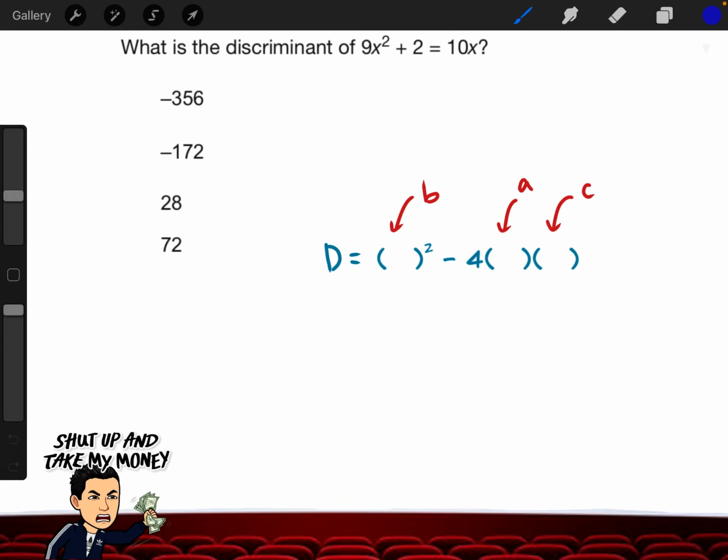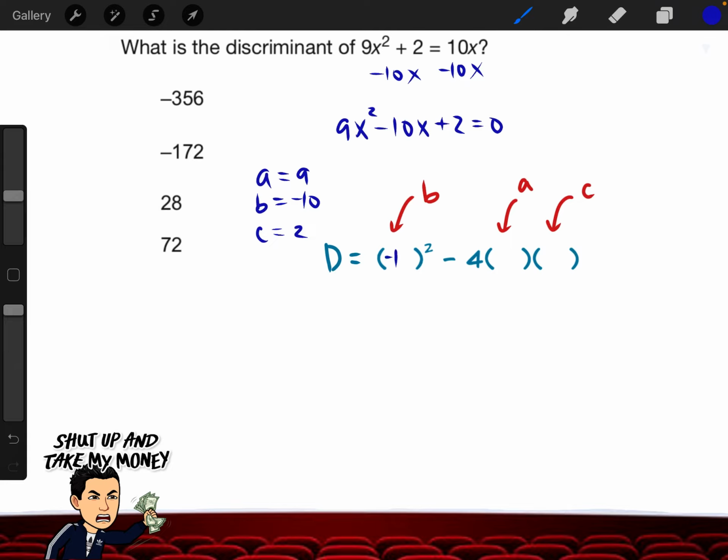Last one, what is the discriminant of this one? So make sure you subtract 10x on both sides. Okay, so you got 9x squared minus 10x plus 2 equals 0. So now you know that A equals 9, B equals negative 10, C equals positive 2. Go ahead and plug in all the values in there.